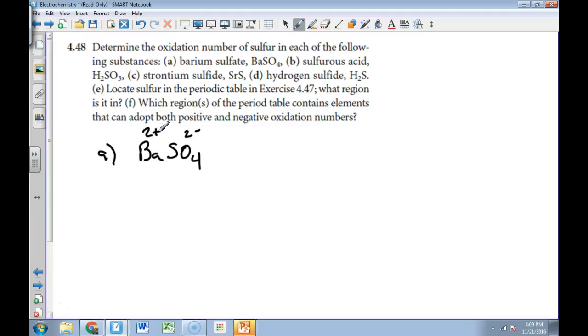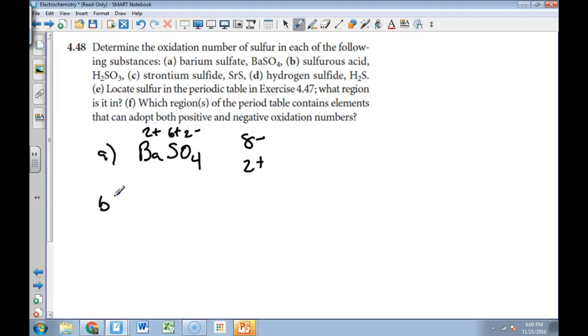Barium is going to be a 2+ charge, and now everything has to add up to 0 because barium sulfate is a neutral compound. So 2-, there's 4 of them, so that's 8-. Barium is 2+. We want this to add up to 0, so sulfur is going to be 6+.